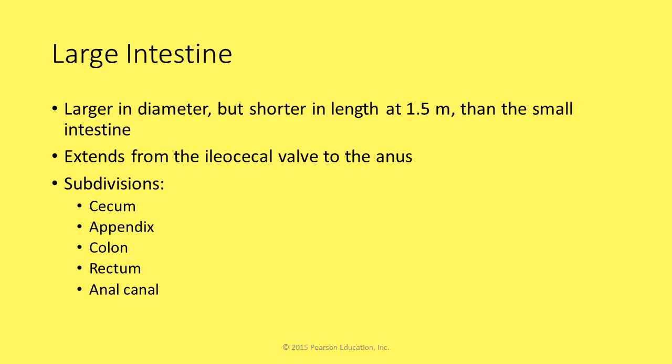So from the cecum, just right off to the side is the appendix, which I already spoke about. Then you have the colon, which is collectively referred to as the ascending colon, the transverse colon, the descending colon, the sigmoid colon, and then finally into the rectum, and then the anal canal.